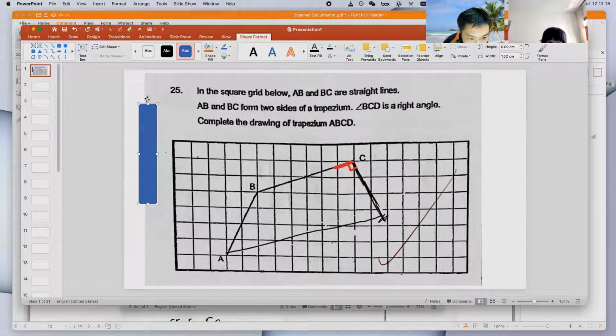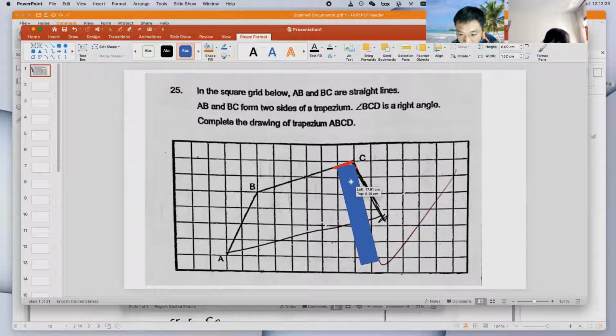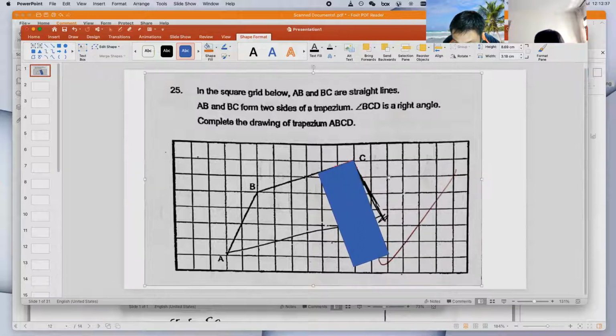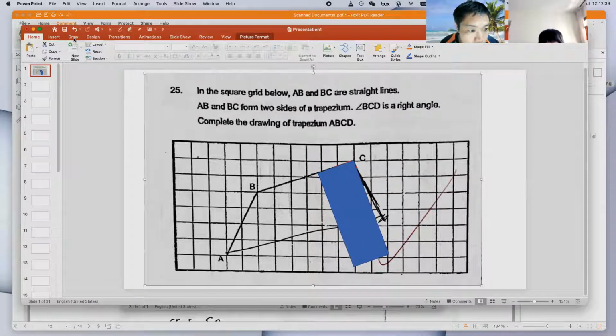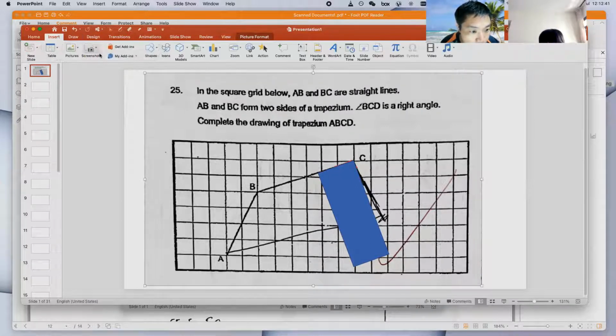Take one corner here, which is 90 degrees, and park it against this. Then you can draw another line already. That's why I say your question is a bit off. Most likely it should be here.